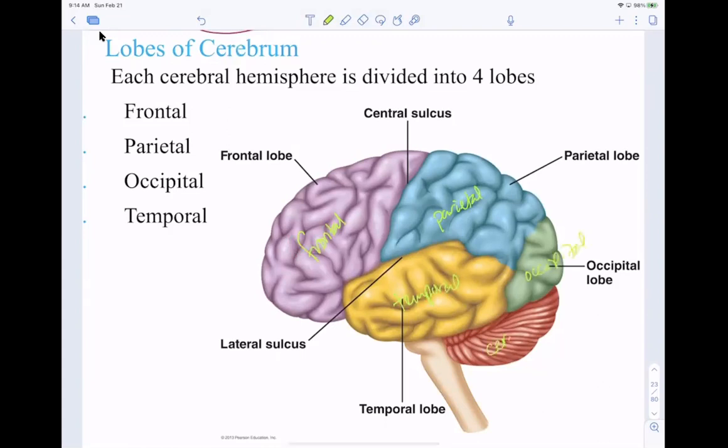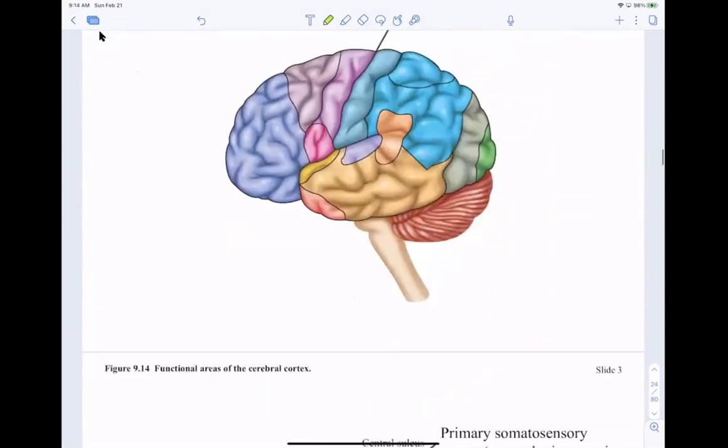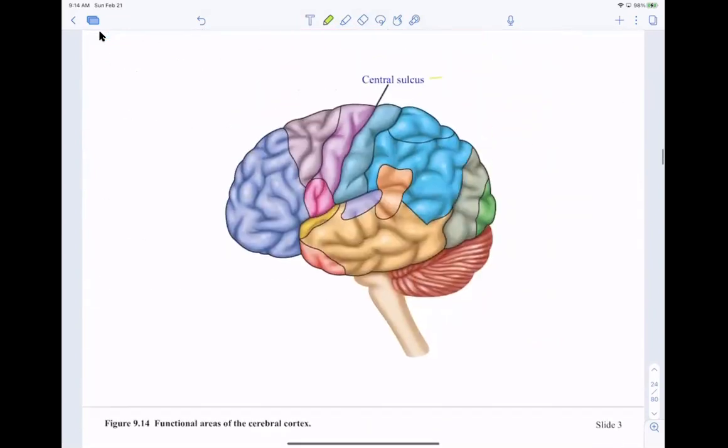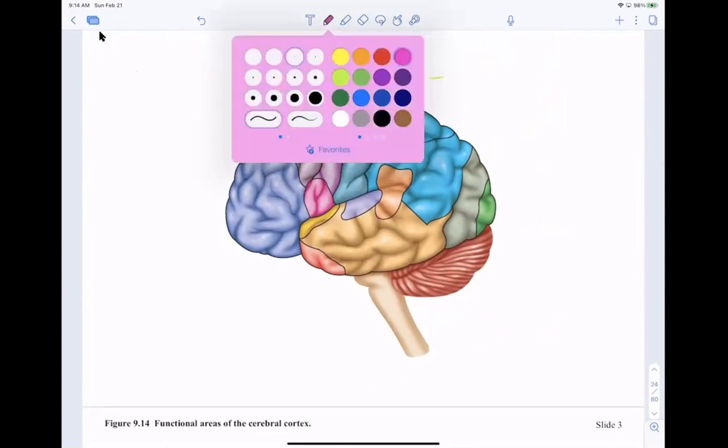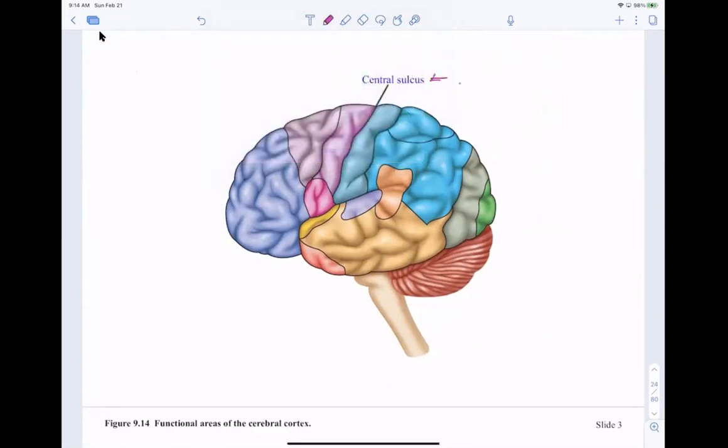And this is cerebellum. And it's kind of showing you the sulcus that differentiate the lobes. Each lobe, this will go through. Central sulcus is kind of the boundary from the frontal lobe and parietal lobe.